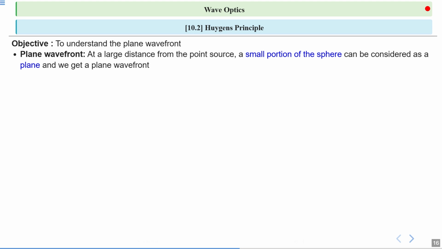At a large distance from the source, a small section of the spherical wavefront can be treated as flat or plane. If it is a very large spherical wavefront, a small portion of it can be taken as plane, like we took a plane mirror. A plane mirror is a very small part of a large spherical mirror.